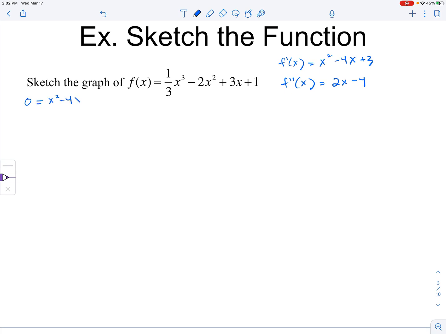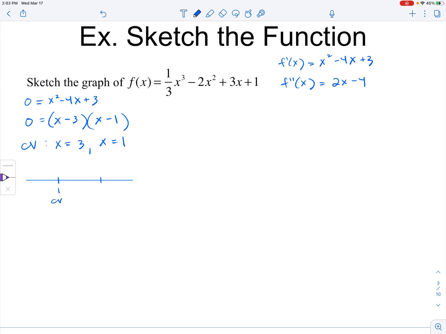To identify critical values for this polynomial function, I'll set the first derivative equal to 0. The first derivative is a quadratic that looks like it can be factored to (x minus 3)(x minus 1). So our critical values will be at positive 3 and positive 1.